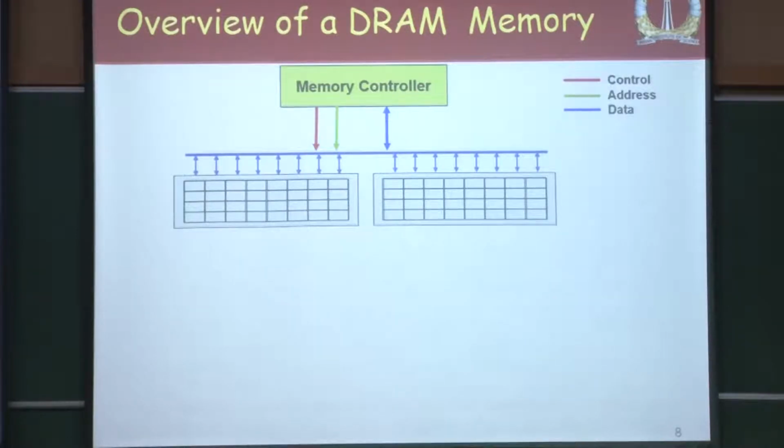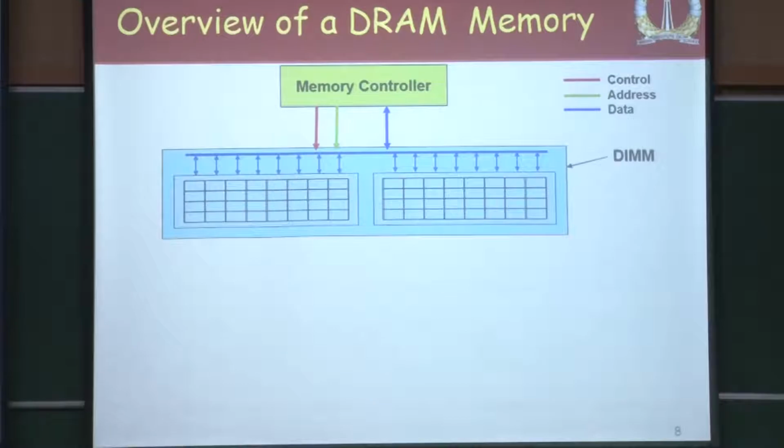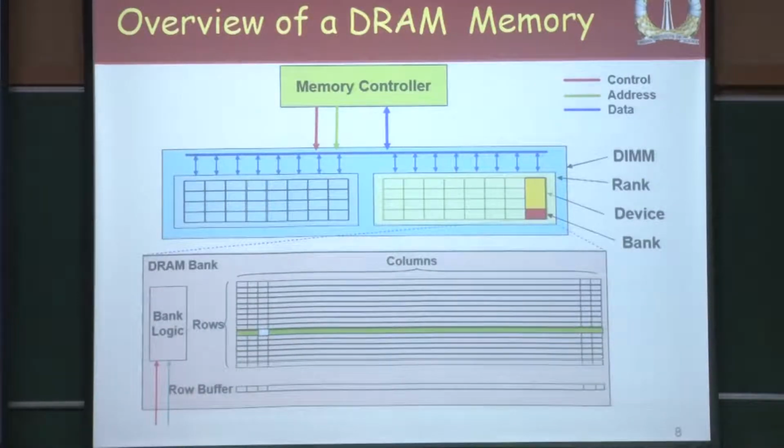So, again you see the DIMM, and then you see the devices. So, that is the DIMM, and one part of it is what you are going to call as the rank. And then within a rank there are multiple devices, you could see multiple rectangles within the device, and each device has multiple banks, and each bank will have multiple rows, and each row will have multiple columns.